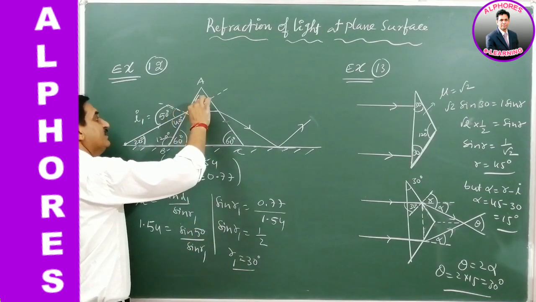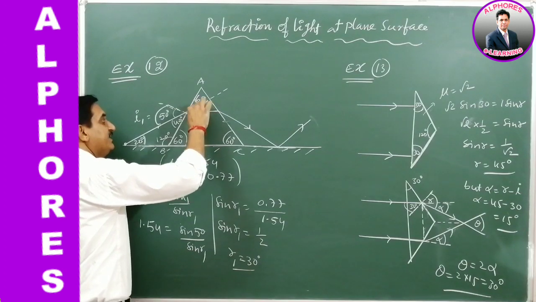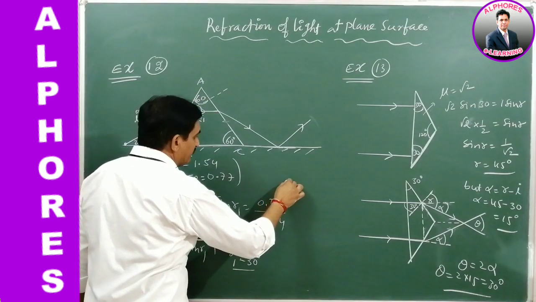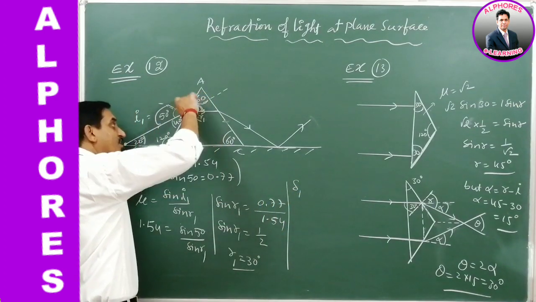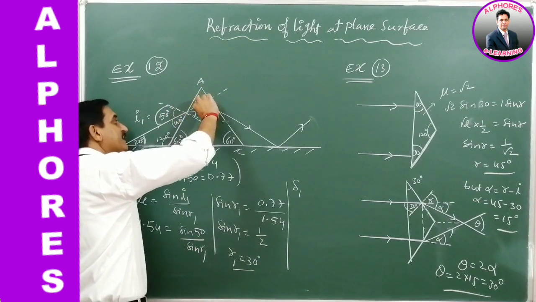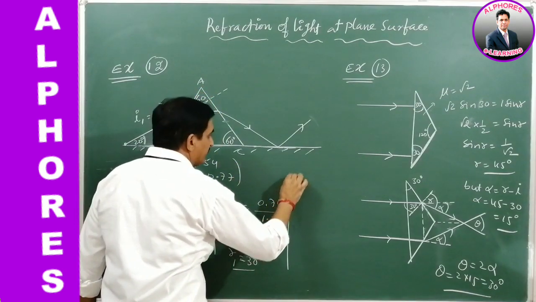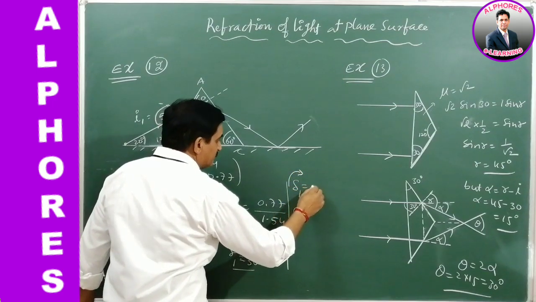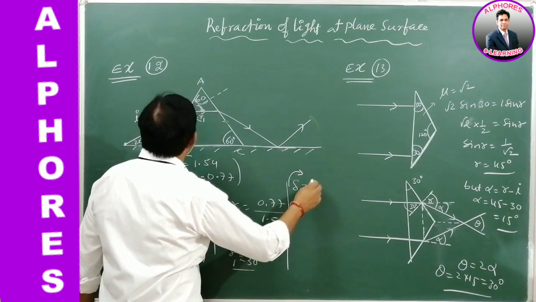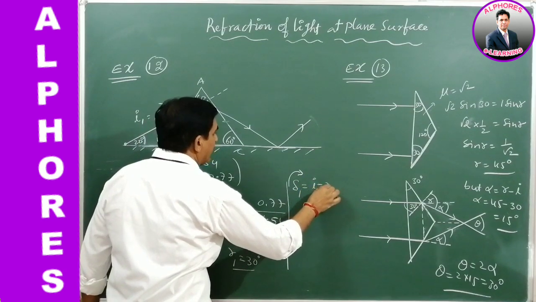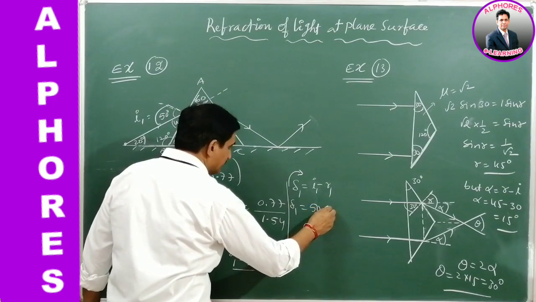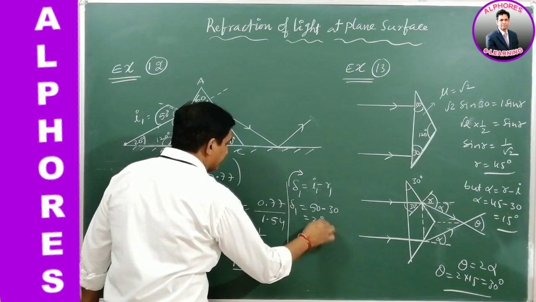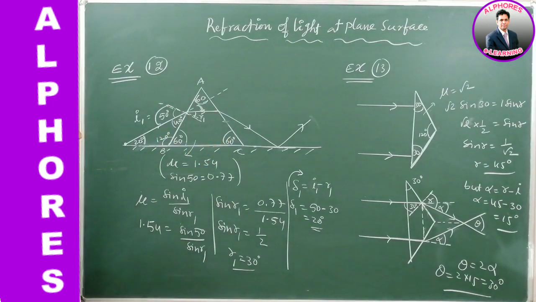Total, this is 50 and this is 50, and the deviation suffered in this case by the refraction is delta 1. In which direction? This is clockwise. So instead of moving in this direction, it is deviated clockwise. How much? That is I1 minus R1: delta 1 is equal to I1, 50, minus R1, 30, which gives 20 degrees deviation in clockwise direction by the refraction at the first plane.